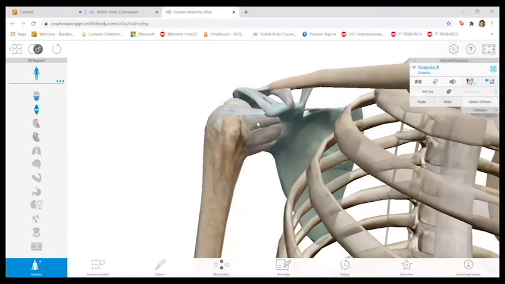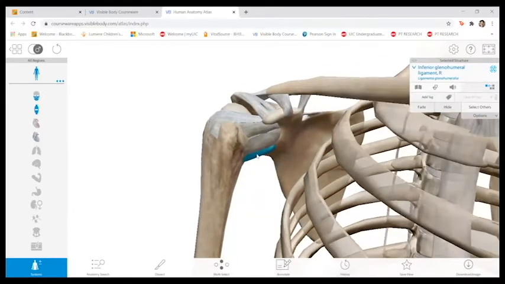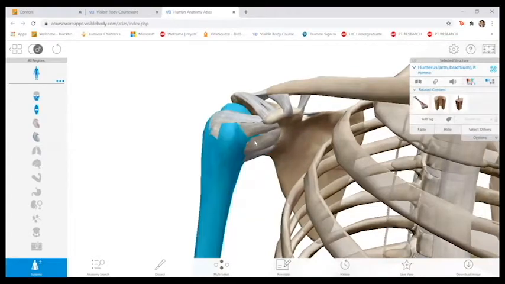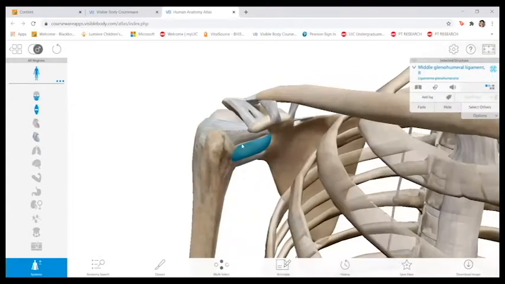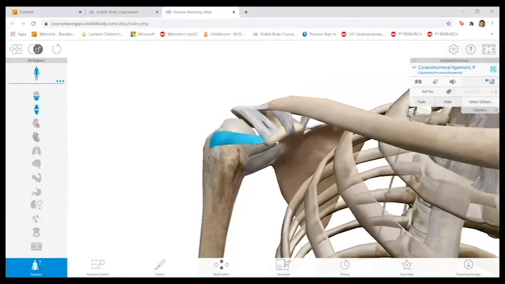Looking at the glenohumeral, we do see that there are a couple right here. So we have superior, middle, and inferior going from the glenoid cavity to the humerus. And then right here we'll see the coracoid process articulating with the humerus through the coracohumeral ligament.